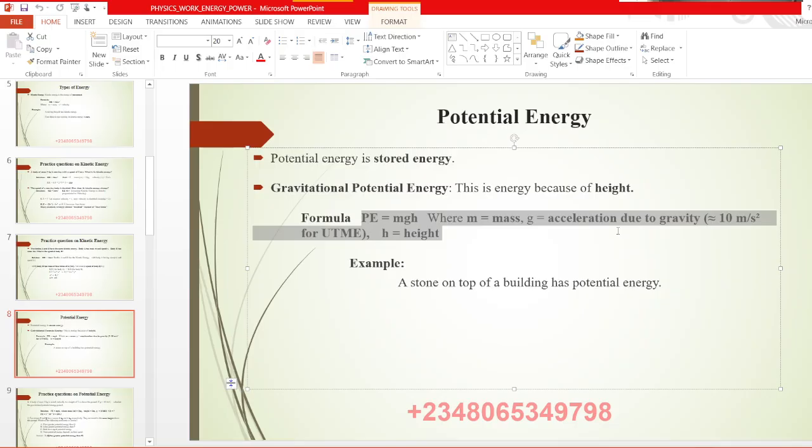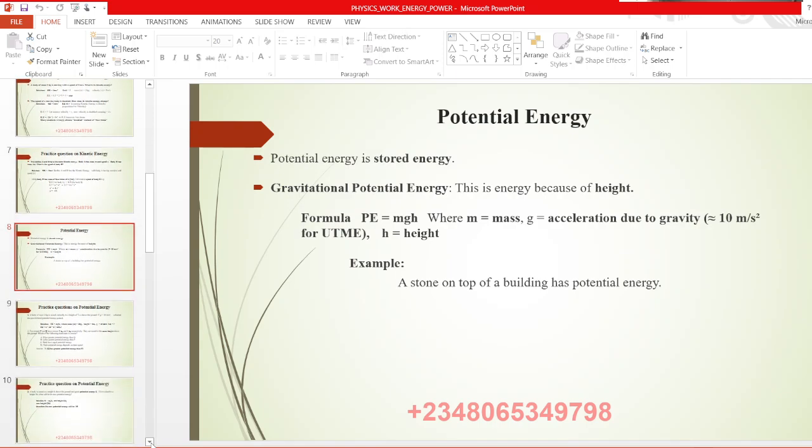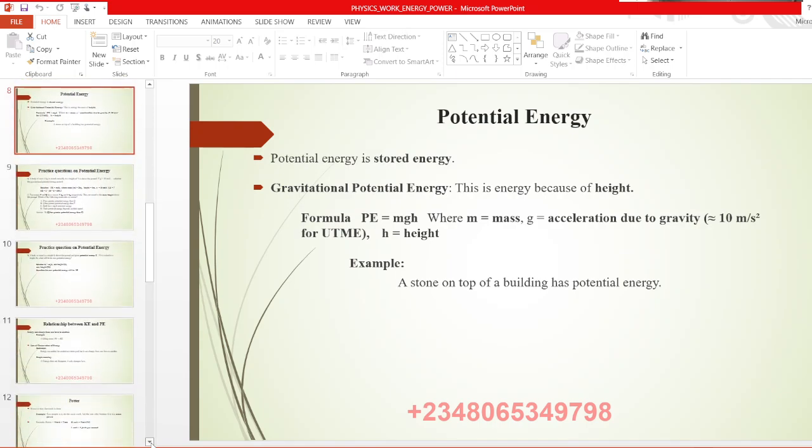Don't assume; whatever you are given as the figure of g is what you should use. So when a stone is on top of a building, that is gravitational potential energy. It is not moving. It is the energy of height. You are expected to calculate the potential energy. Let's look at some questions and solve together.